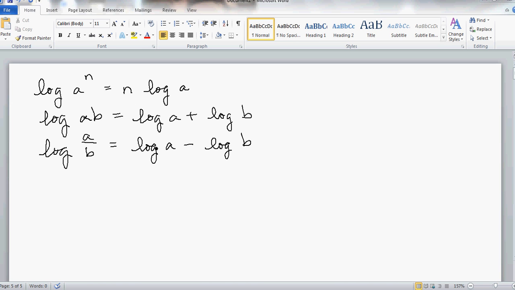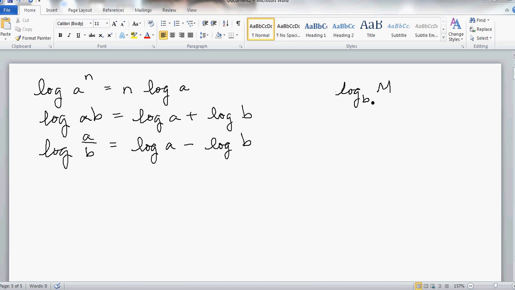And so here are the three main properties of logarithms, but there's also a change of base, which allows us to use the calculator to find values, because our calculators are pretty limited. Most calculators only have common logs and natural logs. And suppose we wanted log base 3 or something like that. Well, there is a way to do that, and that is to put it into this formula.